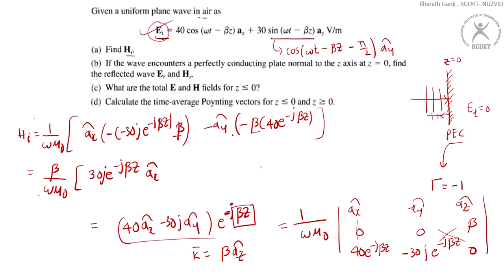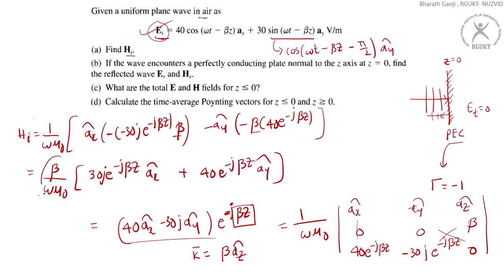And you have minus of minus, it gives you plus ay times, with beta taken common out, you're left with 40 into e power minus j beta z times ay cap.